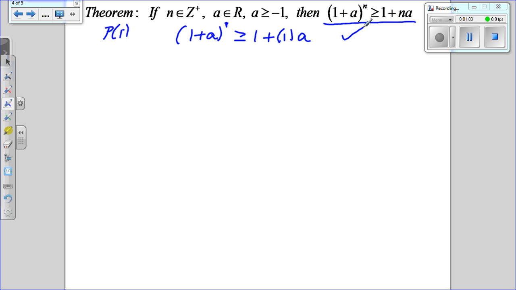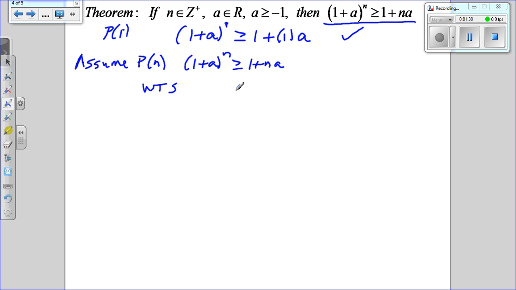Second step, assume P(n). In other words, we're going to assume that (1 plus a) to the nth power is indeed greater than or equal to 1 plus na. And think about what we want to show.